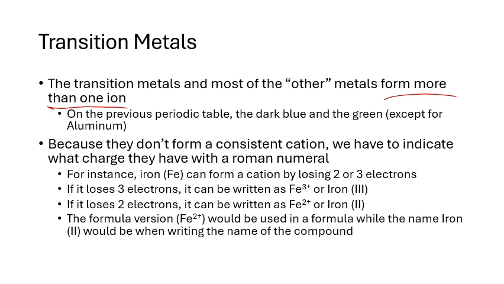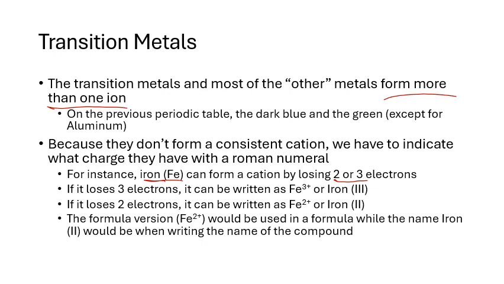Because of this, we have to do something a little differently with them. We can't just say, oh, I have a calcium ion, and we know that calcium will always have a +2 charge. So for instance, here we have iron. Iron, and you are not responsible for this, will always lose 2 or 3 electrons.